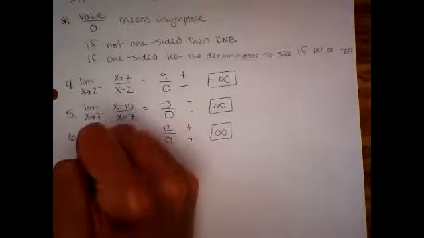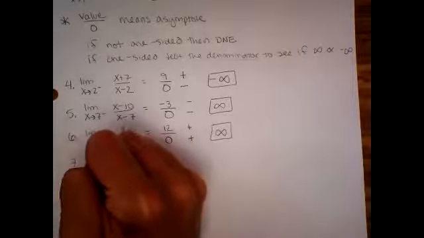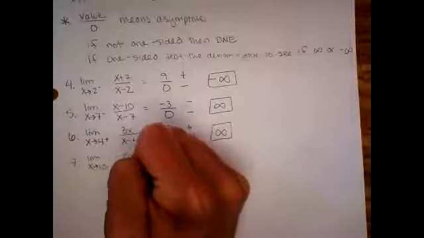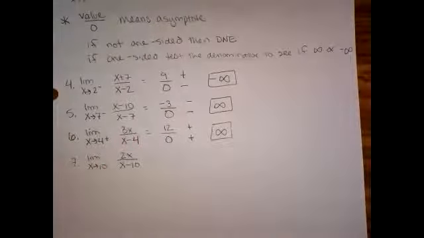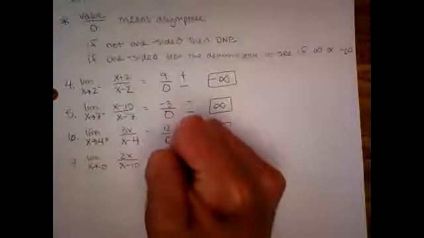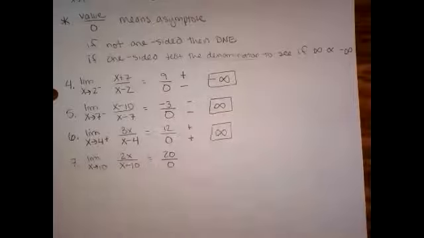And we'll just try one more of these. So if you plug in 10, 2 times 10 is 20. 10 minus 10 is 0.